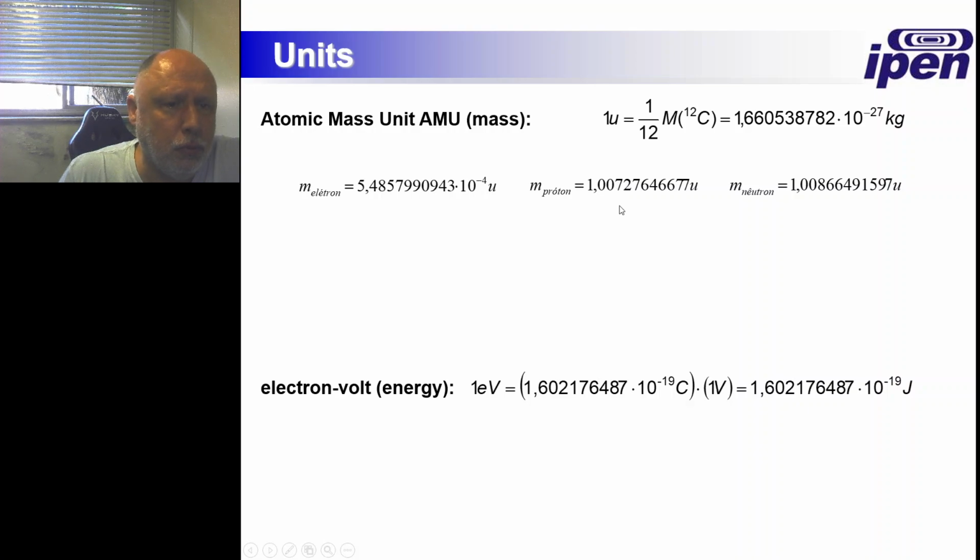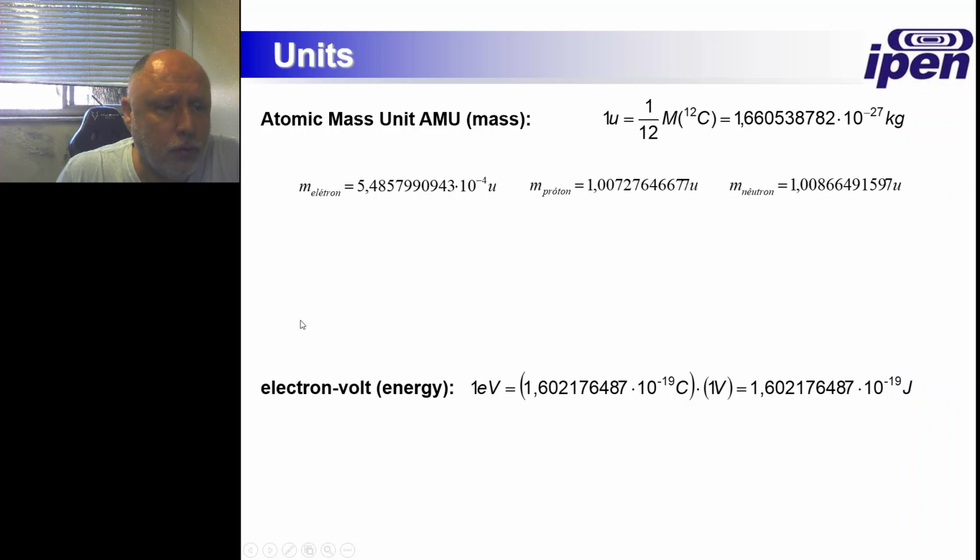And the masses of the proton and the neutron differ only in the third digit. Another important thing: the neutron is slightly heavier.